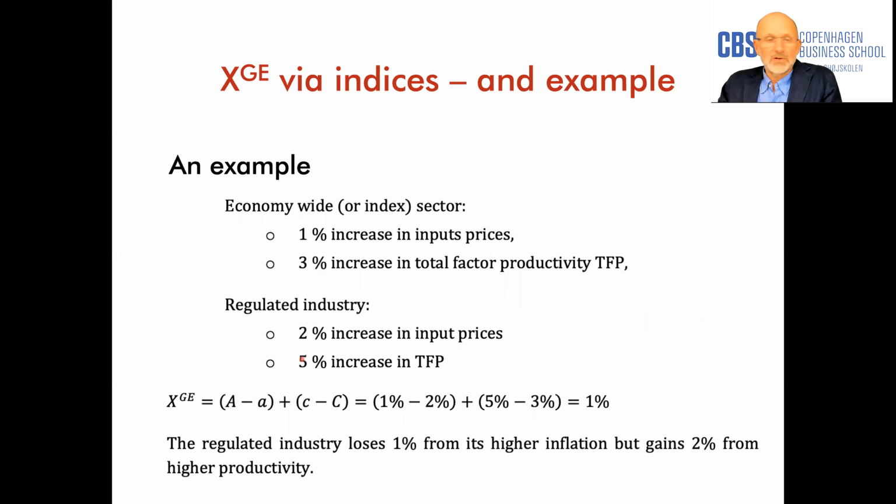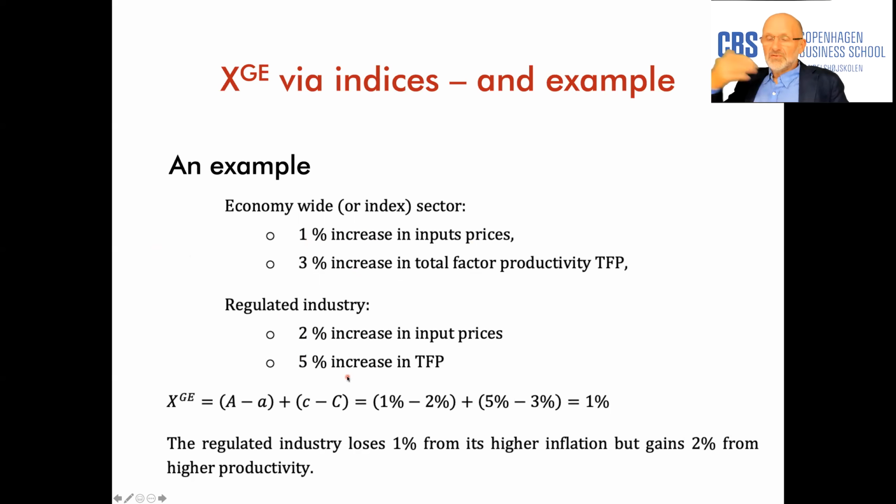And just to close with an example, assume that you have an index sector change where you have a 1% increase in input prices, but you have a 3% increase in the productivity, or total factor productivity. So you can produce output with 3% less inputs. In the regulated sector, input prices are increasing faster, but productivity is also increasing faster.